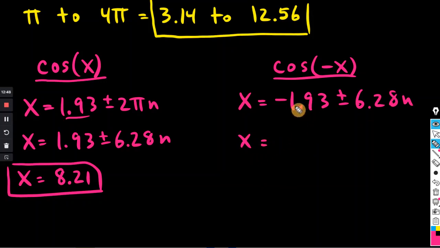So let's see. If I do negative 1 minus 6, I'm going to get a negative. That's out of the range. So let's try adding 6.28. Okay, I think that will work. So negative 1.93 plus 6.28 is going to equal 4.35.